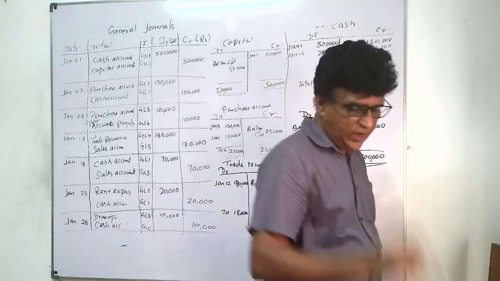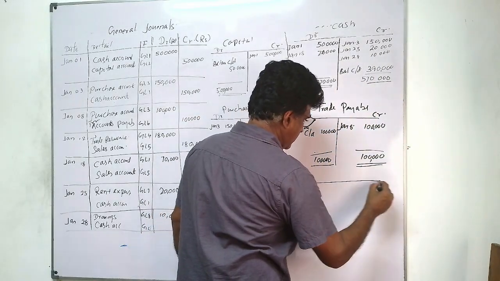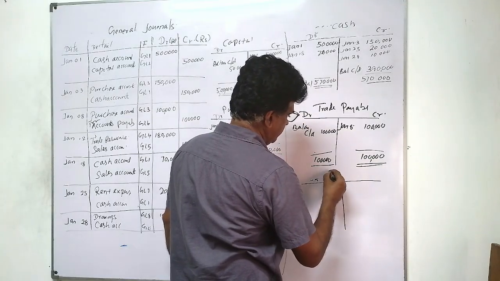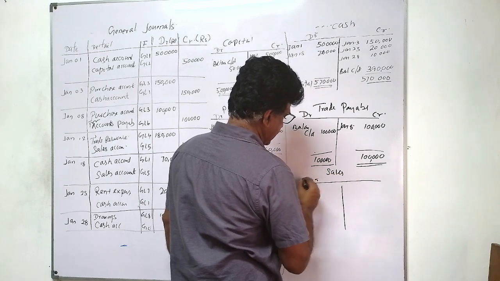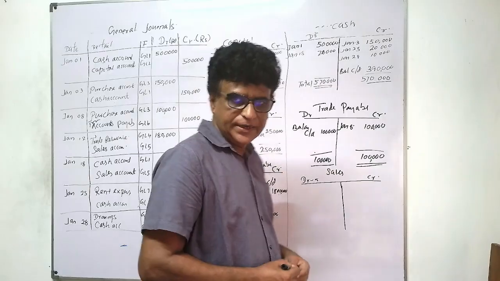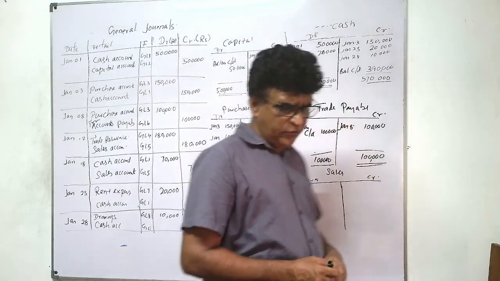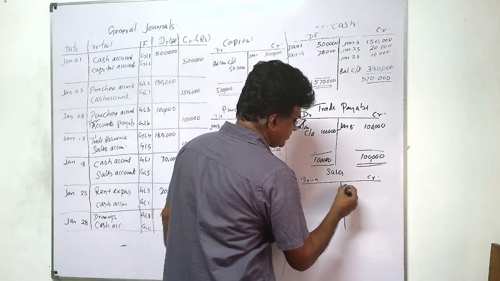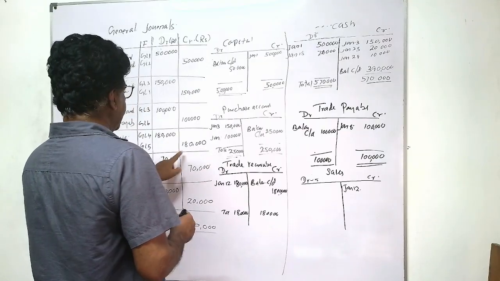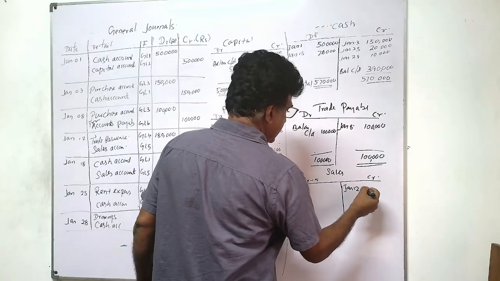We have another account, then the sales account, debit and credit. In the sales account, on January 12th, there is a credit entry, that is 180,000.